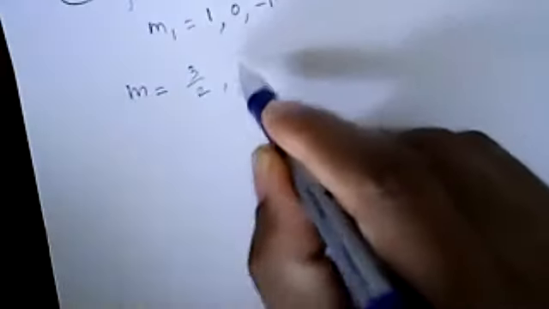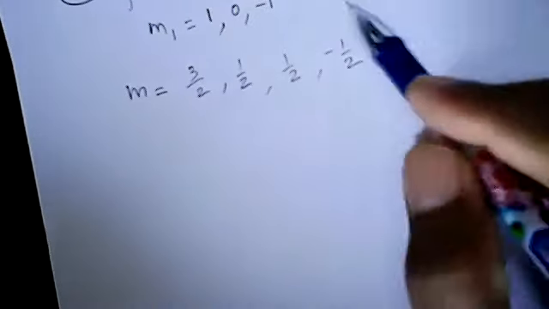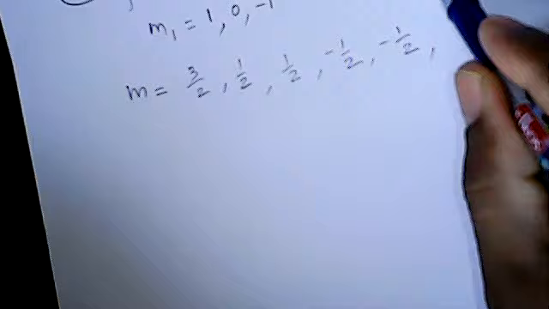Then 1 minus half, that is half. Then 0 and half, that is half. Then 0 and minus half, that is minus half. Then minus 1 and half, that is minus half. Then minus 1 and minus half, minus 3/2.